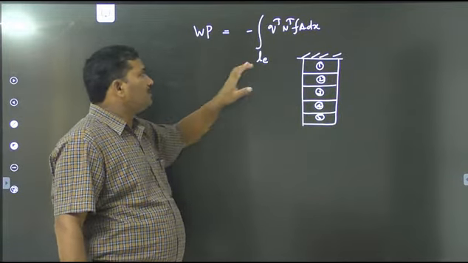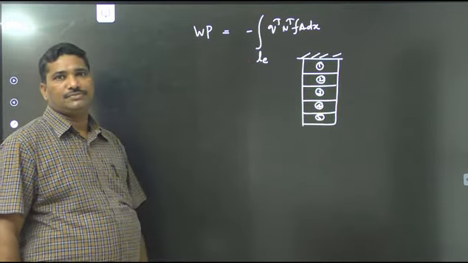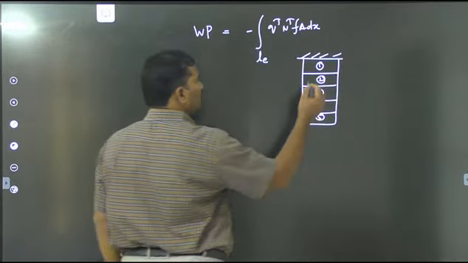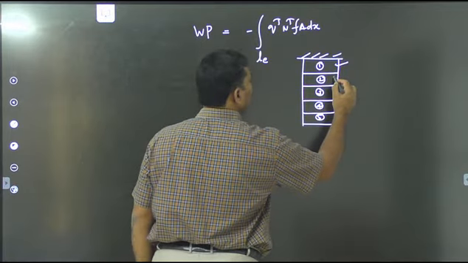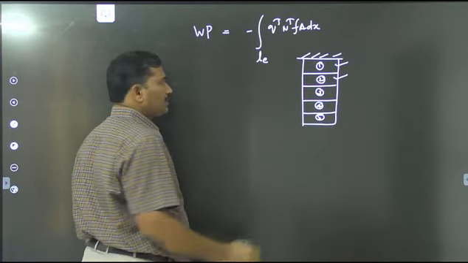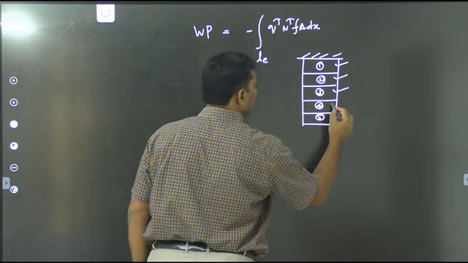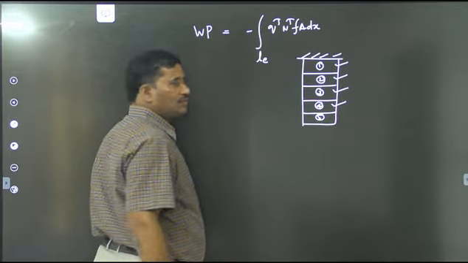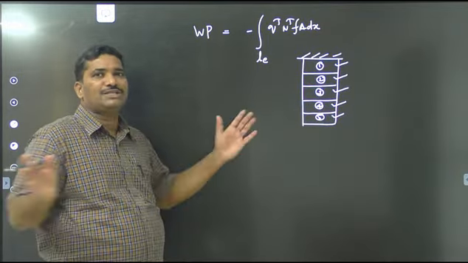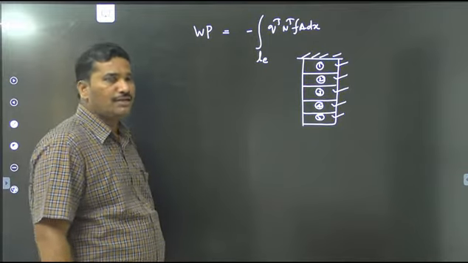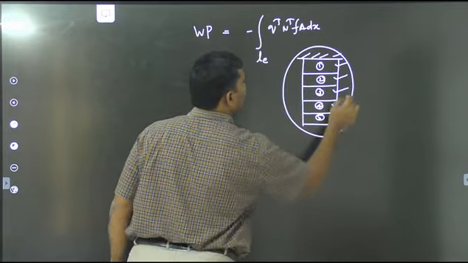For the second element, likewise. Determine work done by the body force considering the third element, then the fourth element, then the fifth element. Then you sum up, and you get work done by the body force of this elastic solid.